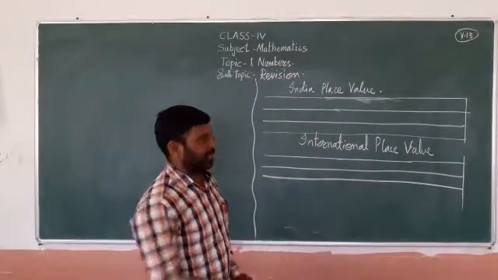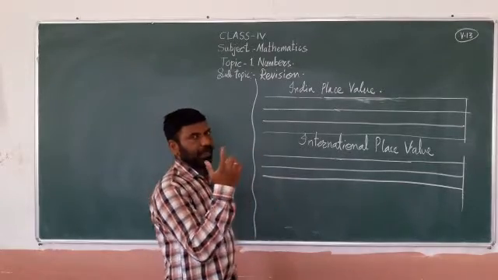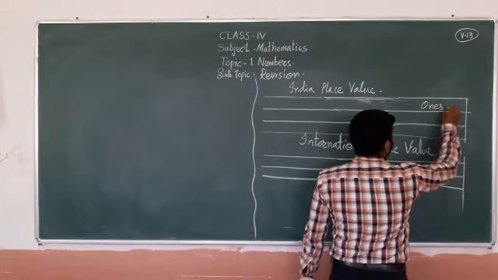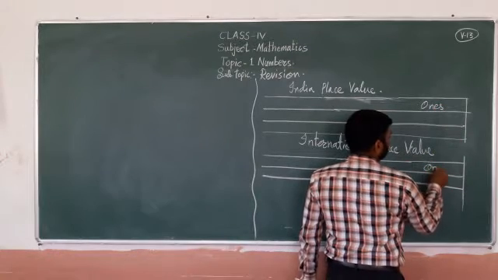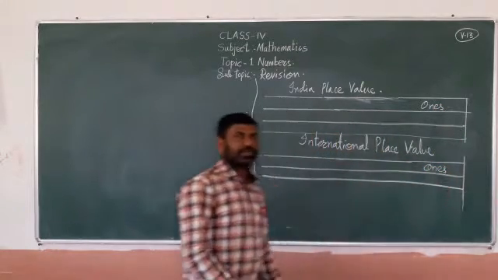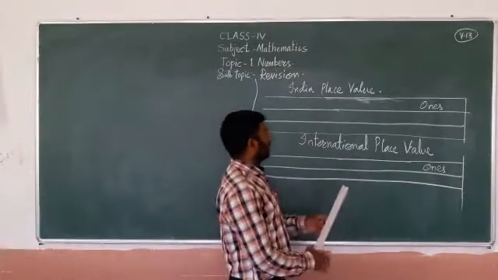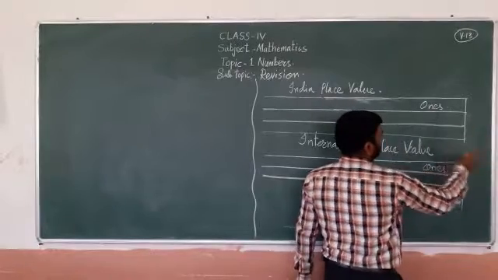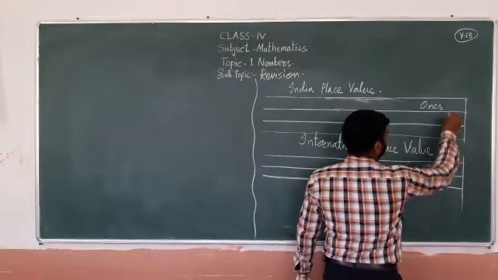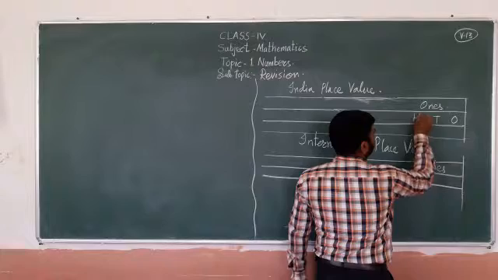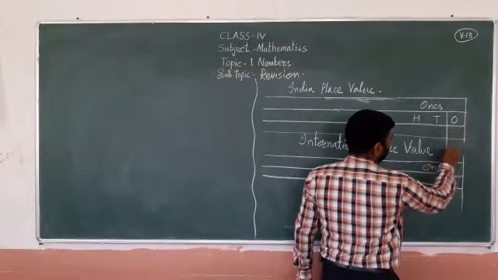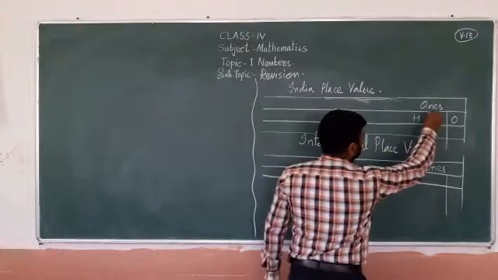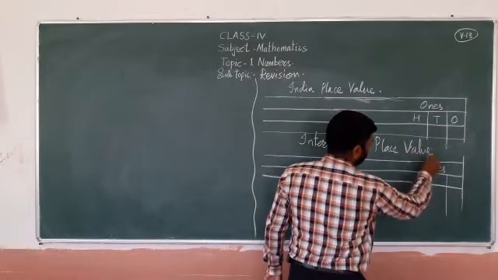As the common thing is the first period is ones period, or we can say the units period also. Ones period in Indian place value has, we know, three places: ones place, tens place, and hundred place.